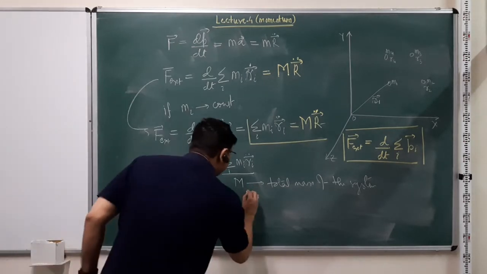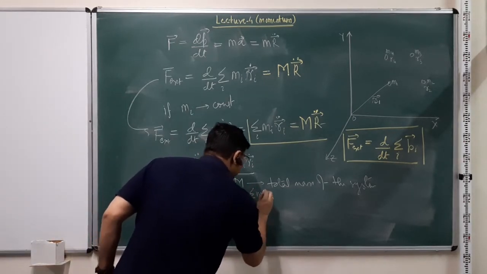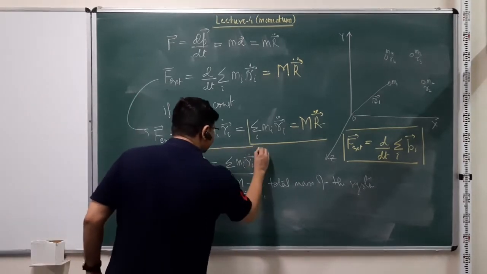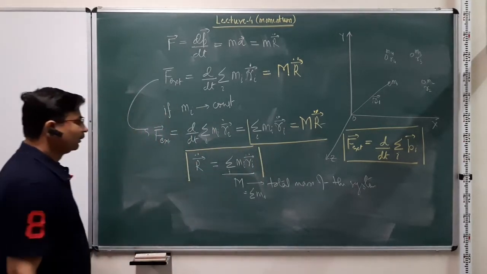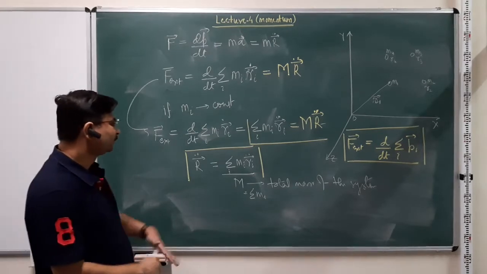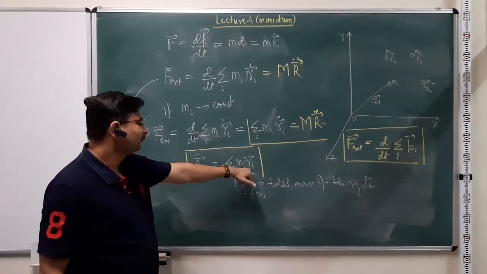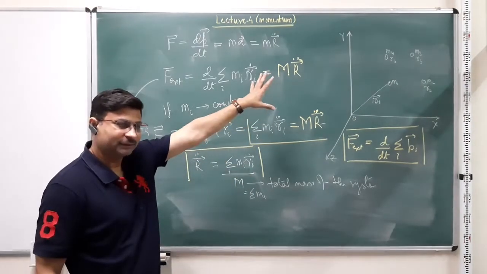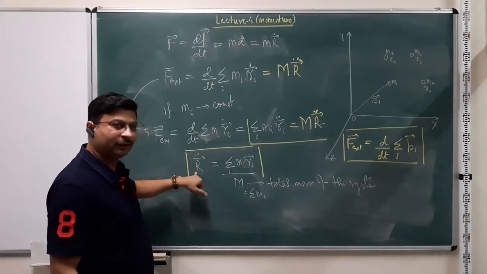Of course I can also write it as the sum over m_i. So now this becomes an equation which relates the position vectors of the individual particles to a hypothetical vector R.